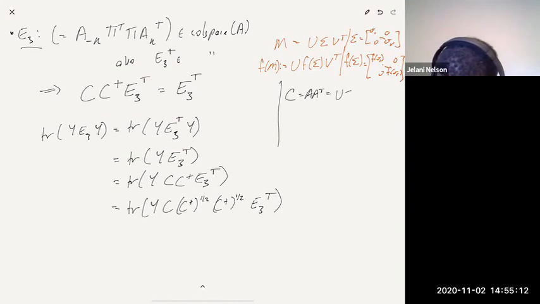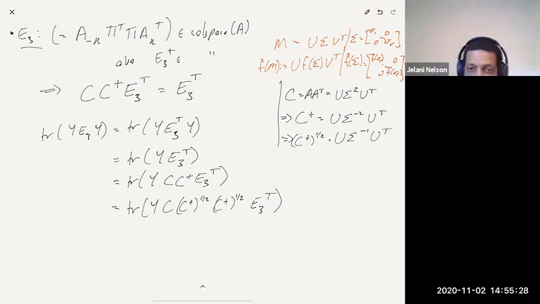So this is just U sigma squared U transpose. In other words, C plus is equal to U sigma minus 2 U transpose. So when I say C plus to the 1/2, what I really mean is U sigma to the minus 1 U transpose. Now you can easily verify that C plus 1/2 times C plus 1/2 is in fact C plus, which is U sigma minus 2 U transpose. Okay.